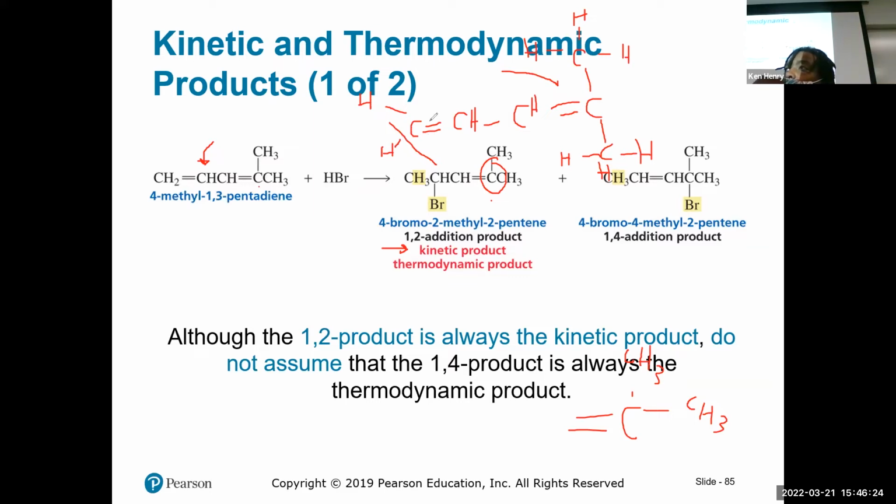So that means this double bond is going to be more accessible, right? This double bond is going to be more stable because you already have those methyl groups surrounding it. Okay, so in that case, you're favoring both the kinetics and the thermal. Yeah. Okay. I mean, does it make sense?